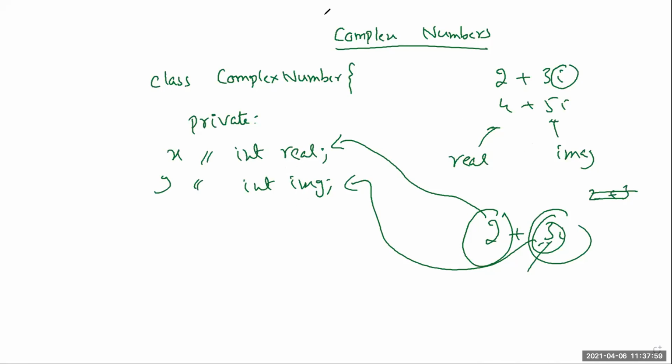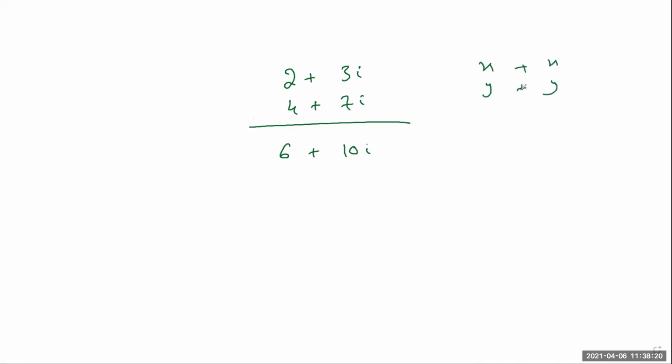So you see, just like we overloaded the plus operator for point, we can also add two complex numbers. And when you add two complex numbers, the real part is added with the real part and the imaginary part is added with the imaginary part, which was actually happening in case of point as well. X are added together and Y are added together, right?